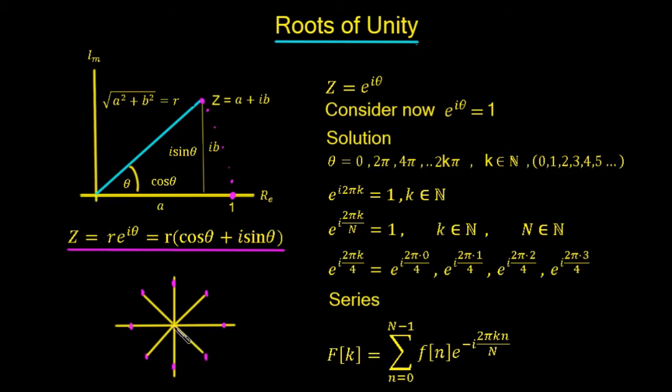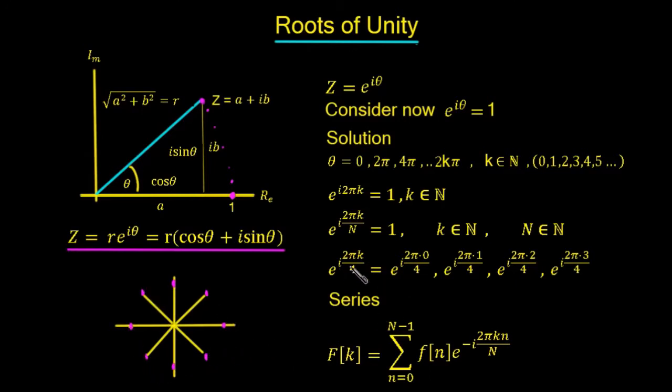So we're going to have our phasors here. You have one here, then the second one here, the third one along here, and the fourth one coming down in this direction. These phasors here are our roots of unity.